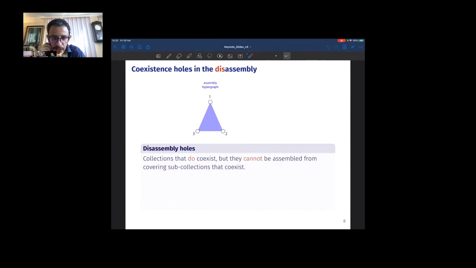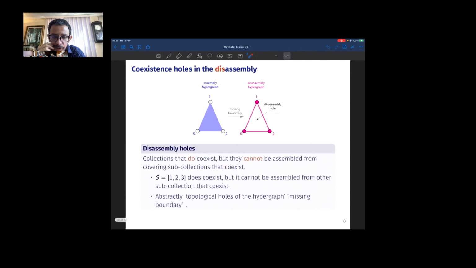Okay, so this disassembly hole will be species collections that coexist, let's say 1, 2, 3, but they cannot be assembled from covering subcollections that coexist. In other words, they have to be put together at the same time, or otherwise you won't be able to observe them. So one example is, as I was telling you, this collection 1, 2, 3. And more generally, how to identify them is using the following trick. You start with the original assembly hypergraph, and what you will do is calculate what we call the missing boundary.